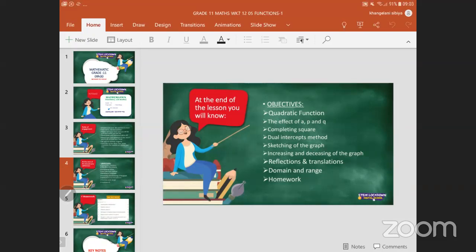We covered again reflection and translation. But today we'll focus on domain and range, sketching of the graph, and so on. Obviously, there will be homework that we will do before we start what we call the hyperbolic function. Okay, but today our session is more activity-based than explanation, because we only have 40 minutes.